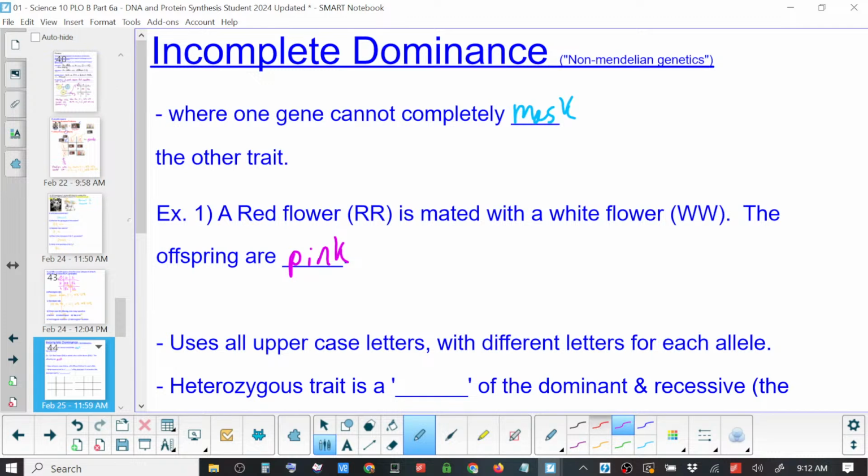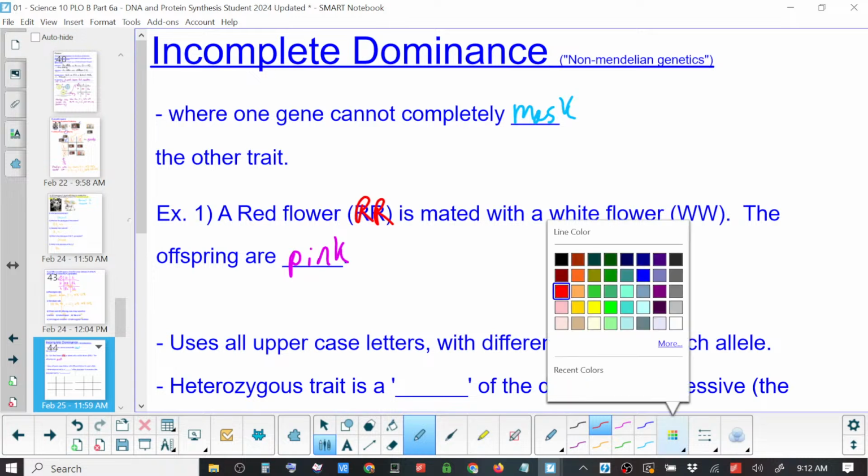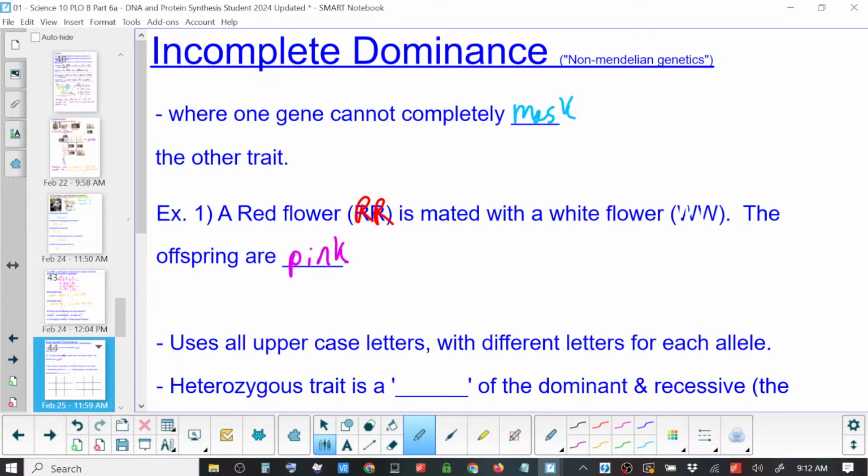We have a red flower and a white flower. What do we notice about the alleles that we use? What's different from how we were using them before?